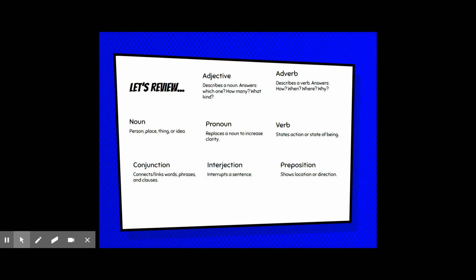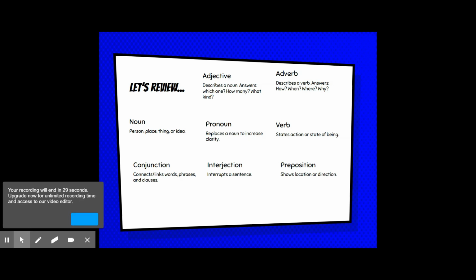A verb states action or state of being. A conjunction connects or links words, phrases, and clauses. An interjection interrupts a sentence. Finally, a preposition shows location or direction.